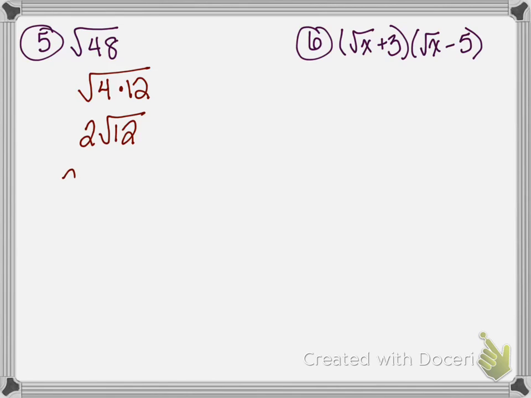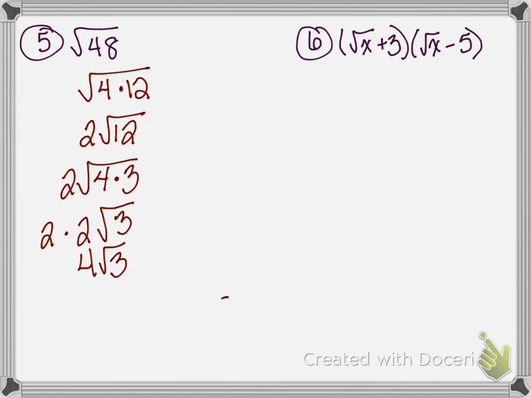What's the perfect square inside 12? 4. Another 4. So that's 4 times 3. What's the square root of 4? So then I would have 2 times 2 on the square root of 3. So that's 4 on the square root of 3. And it's fine if you do it that way, as long as you don't stop right here.